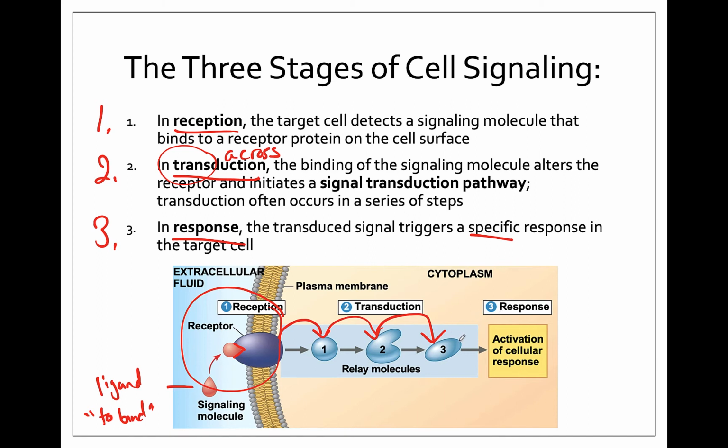And so eventually the last step of the pathway is to send the signal to, sometimes this is the nucleus, and it's going to signal for the cell to start replicating or to turn on and activate a specific gene to make a specific protein. It may even signal to the cell that it's programmed for death. So there's lots of different types of cellular responses to signals.